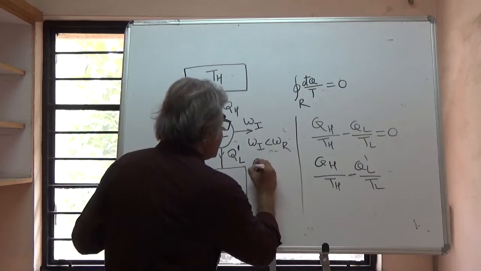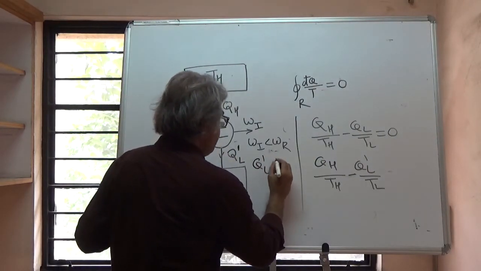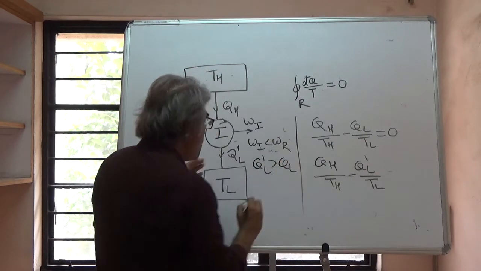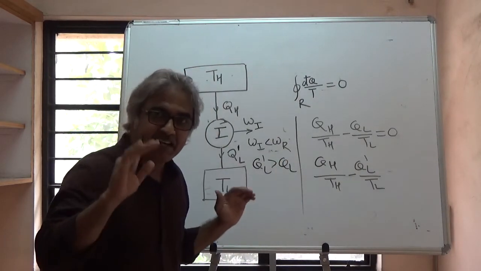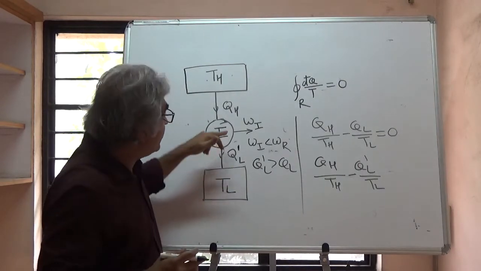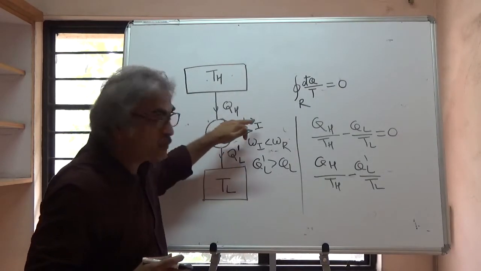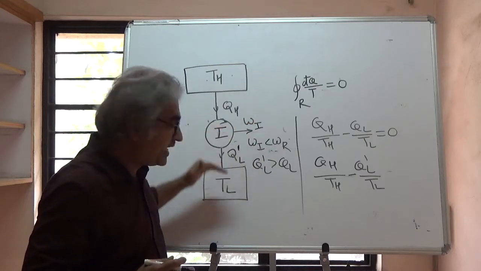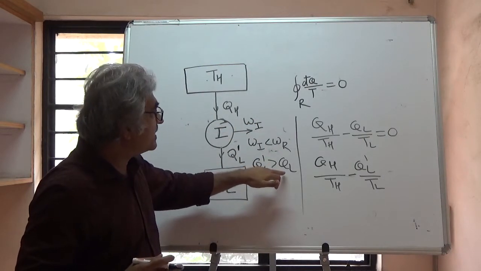QL dash is greater than QL because more heat has to be rejected. Please correct it. QL dash is greater than QL. More heat has to be rejected because in an irreversible engine less work will be produced, so more heat has to be rejected. So QL dash is greater than QL.